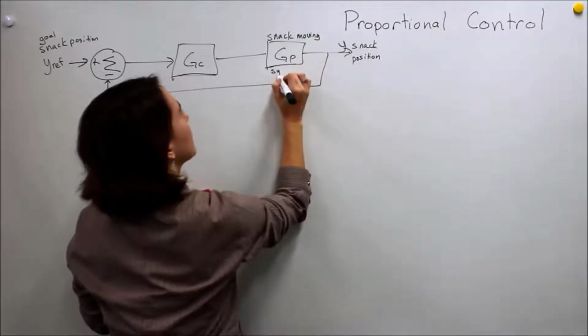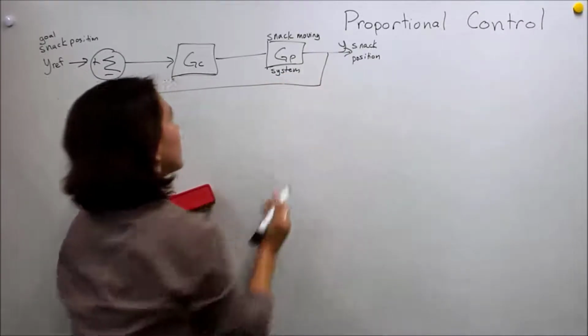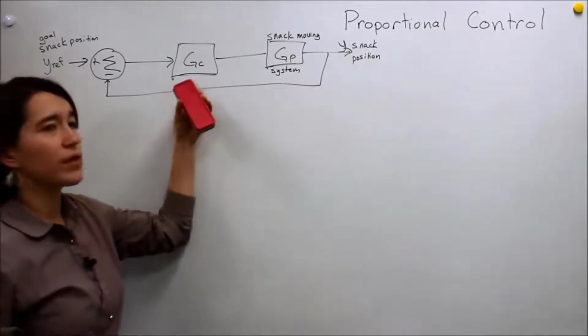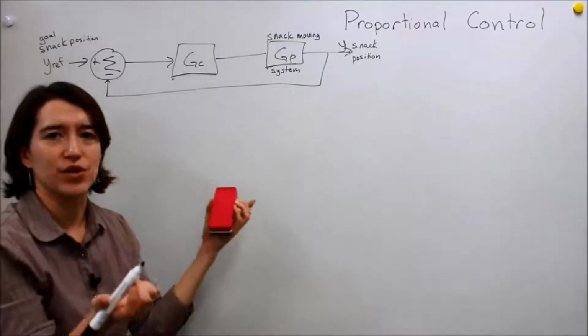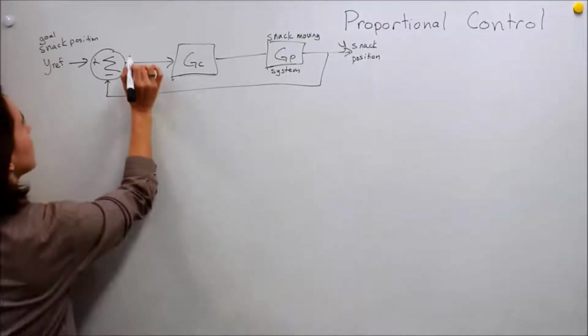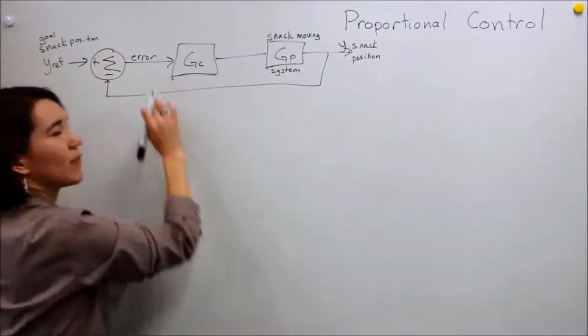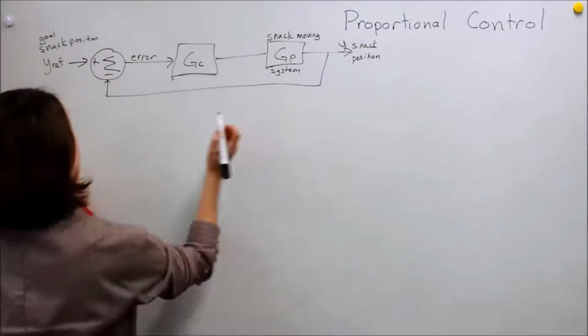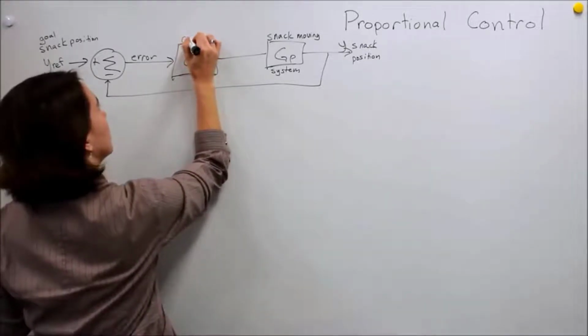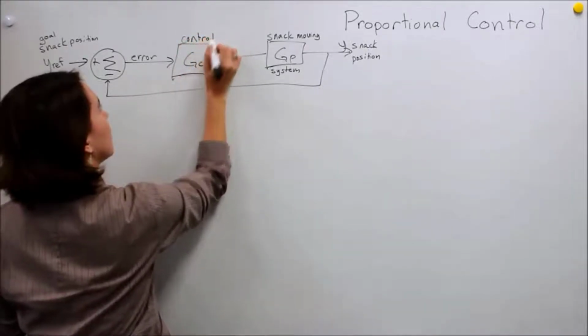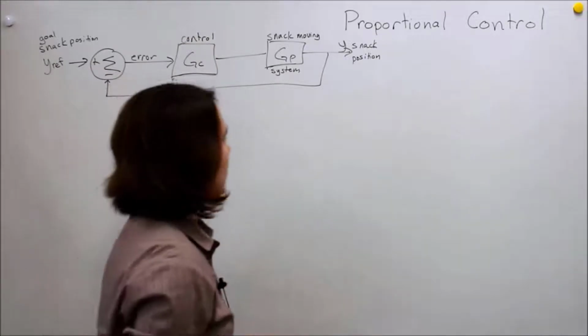Let's put that in our system. And our control is our input to it. So here is the error between these two that is fed into it. We'll just call this our control, because that's really what it is, and we can change what's in here.